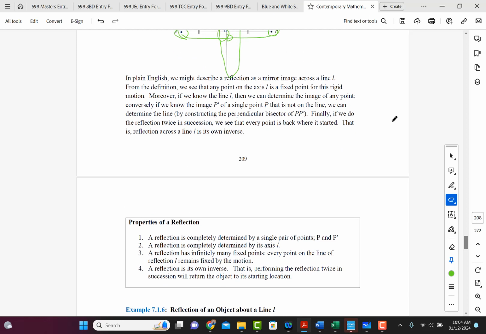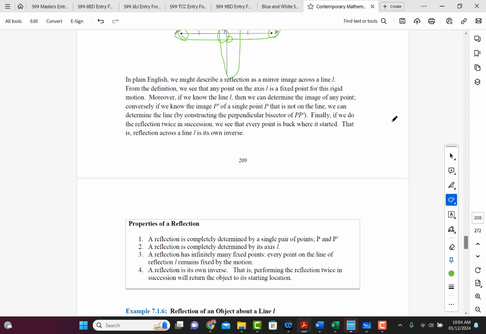So here are the properties of a reflection. 1, a reflection is completely determined by a single pair of points, P and P prime. 2, a reflection is completely determined by its axis L. And 3, a reflection has infinitely many fixed points.